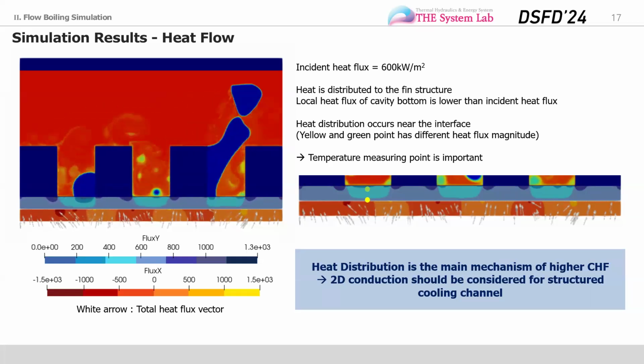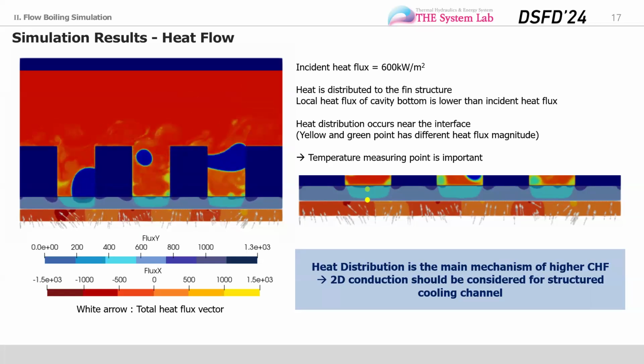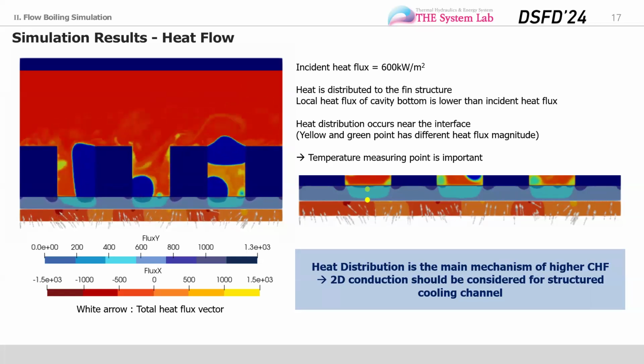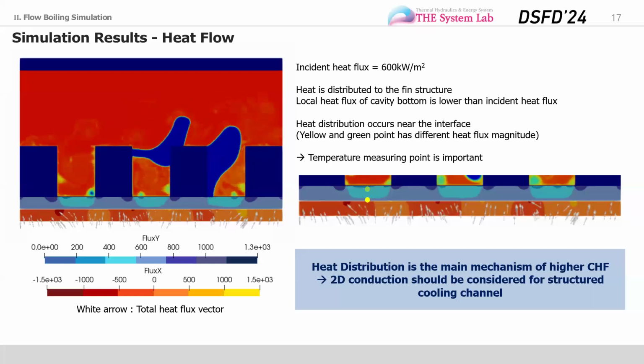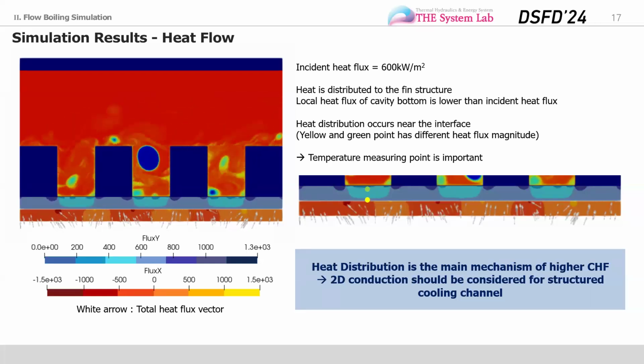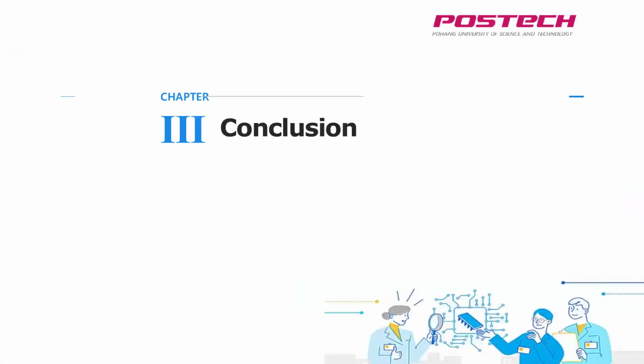This heat distribution occurs near the interface, so it is hard to investigate this phenomenon with the experimental result. So a numerical approach should be responsible for investigating this 2D conduction effect of the structured cooling channel.